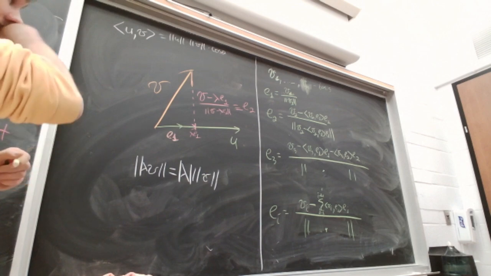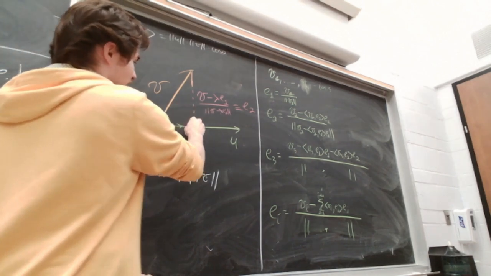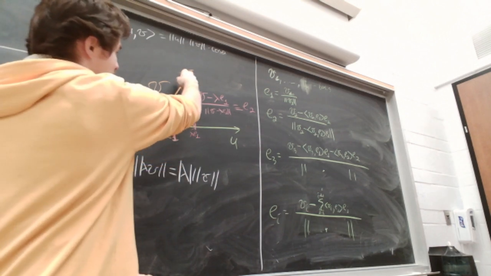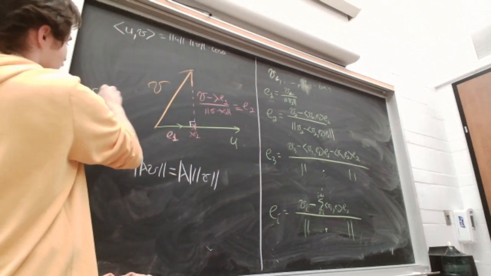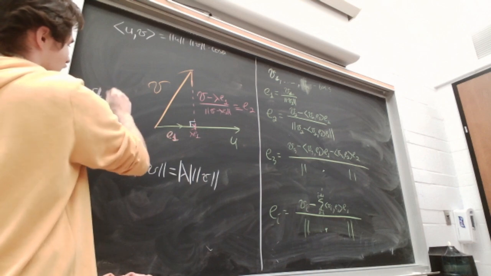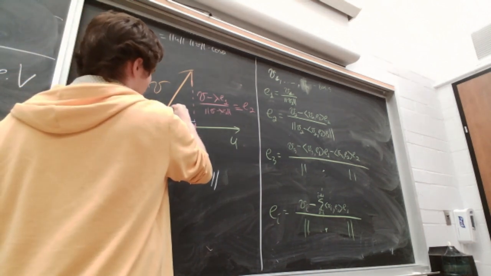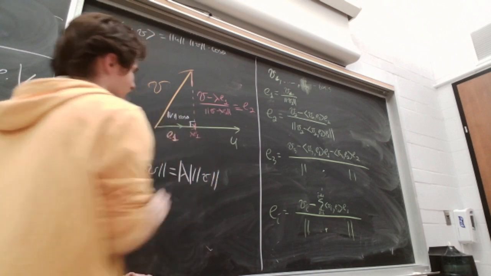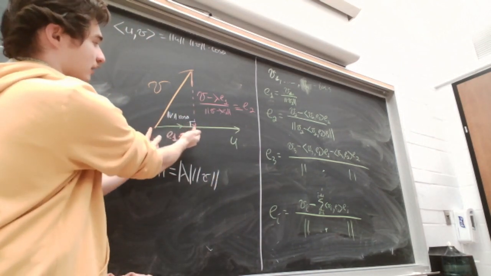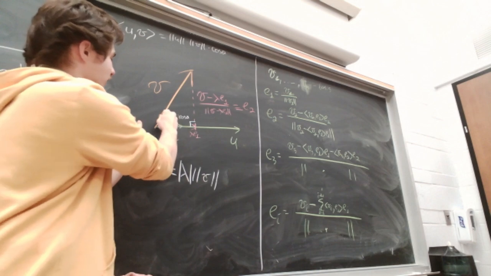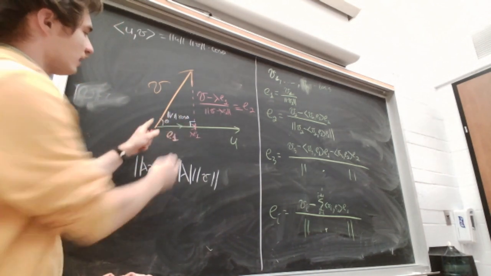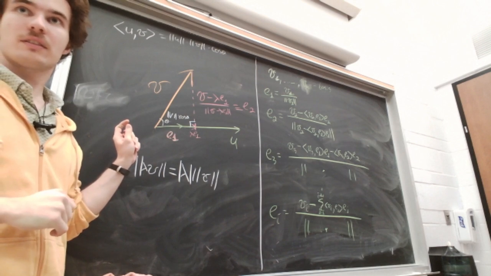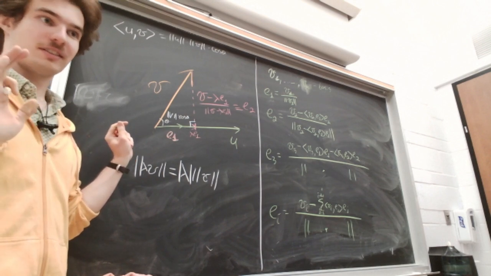So if this is 90 degrees, if I draw this perpendicular, then this length is the length of v times cos theta. If this is theta, this is theta, then this bit is v cos theta. People agree? Trigonometry. Easy.